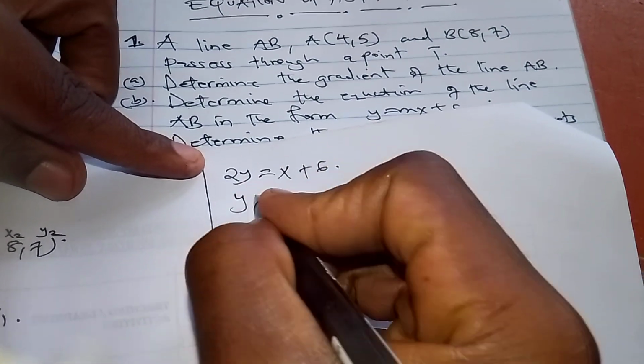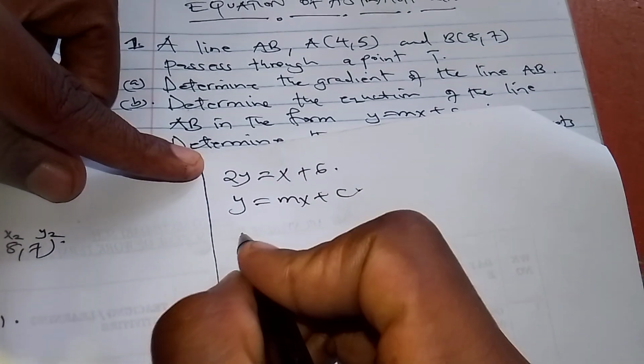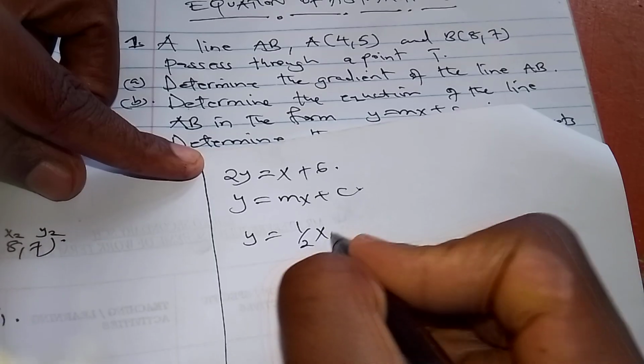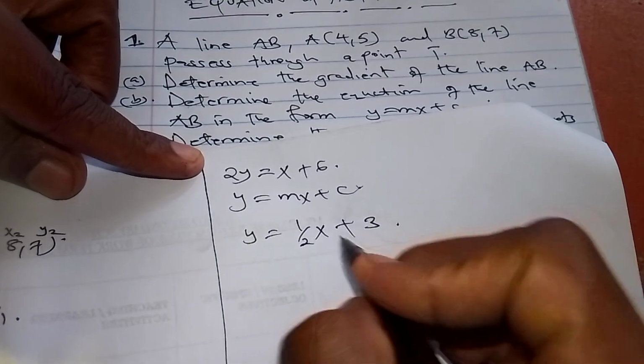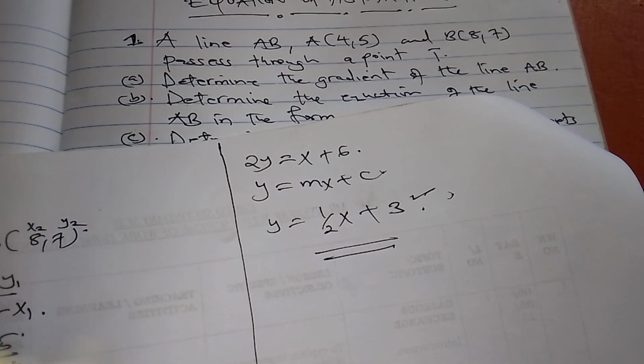But we want the form y = mx + c. In other words, we are going to do away with this 2. So we have y is equal to 1 over 2 x plus 3. This is our equation. Good.